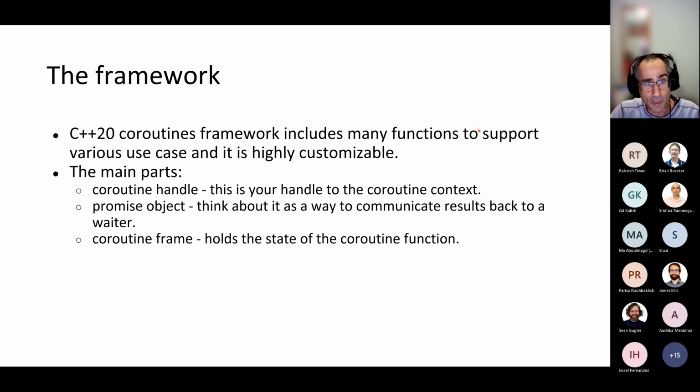Promise objects are another thing that is actually confusing, because you see it nested sometimes in something that is a coroutine object, let's say a task or a generator. A promise object is a transport, or a means to communicate a result back to some waiter.